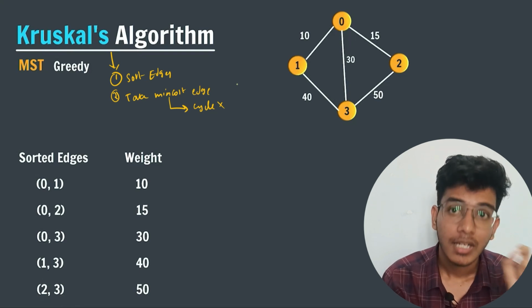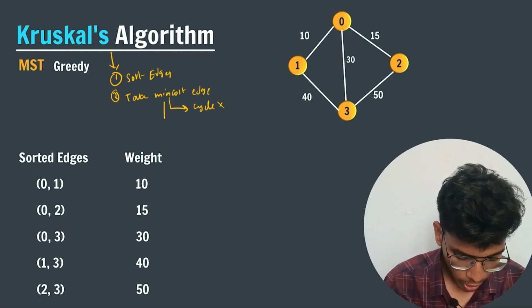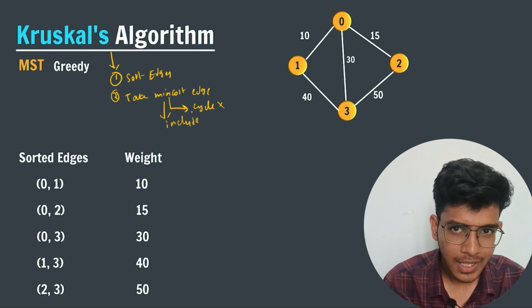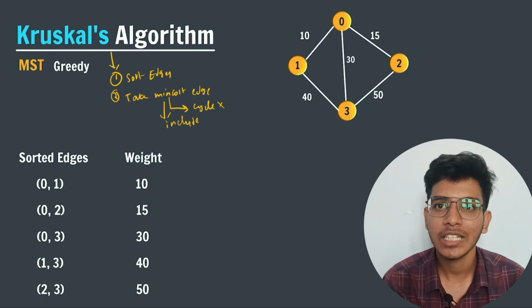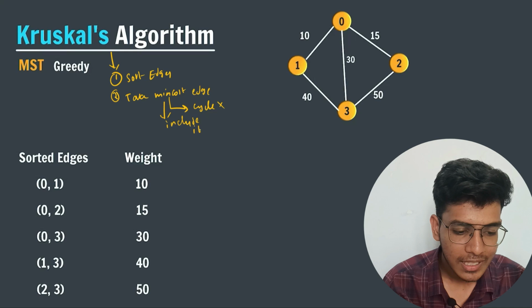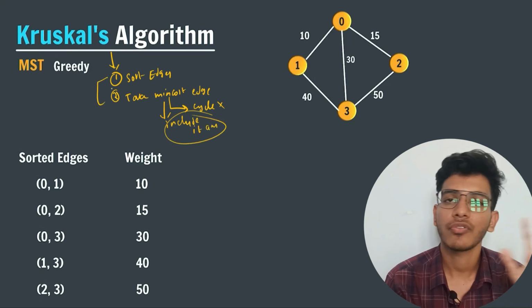So we should not consider edges which can form cycle. Include the minimum edges that do not form a cycle in your answer, and finally you will get the total cost of your MST. These are the two steps of Kruskal's algorithm.